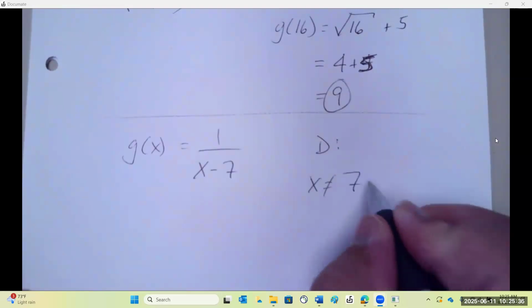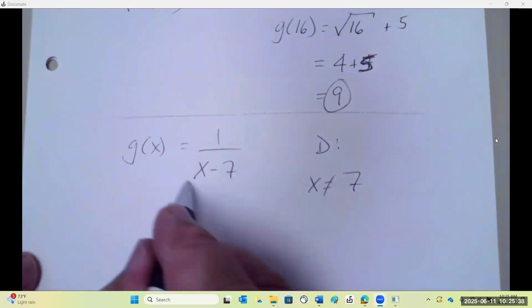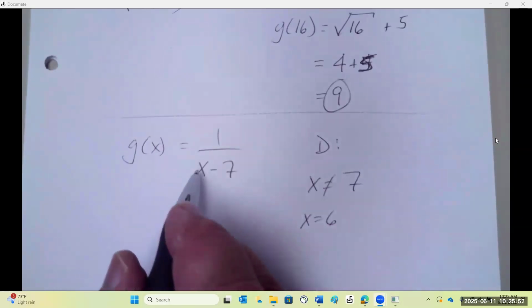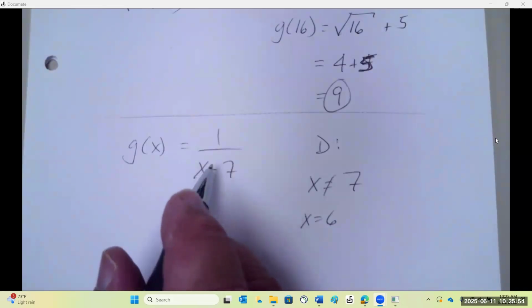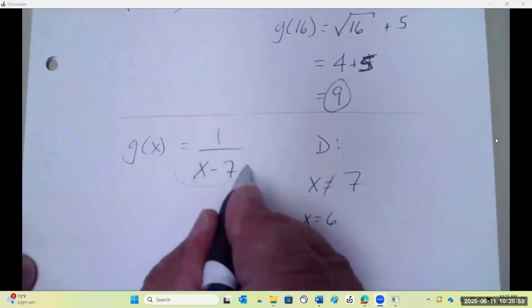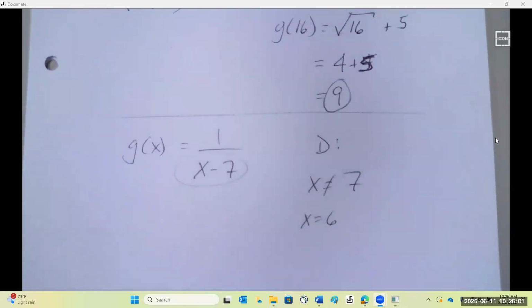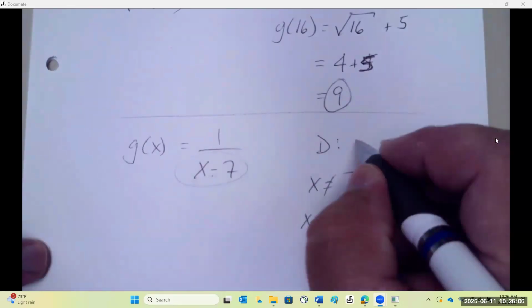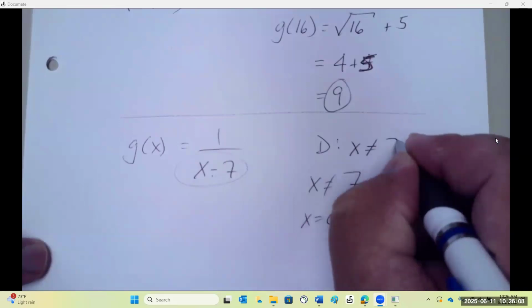No. x cannot equal 7. The 0 cannot be on the bottom, so x cannot equal 7. But what if x is 6? Does that work? Can we have negative on the bottom? In fractions, the only thing you cannot have on the bottom is 0. It can be positive, it can be negative, it just cannot be 0. So my domain is simply that.